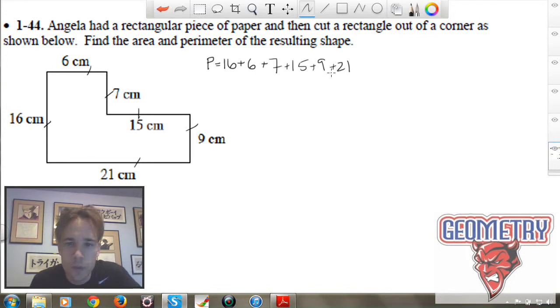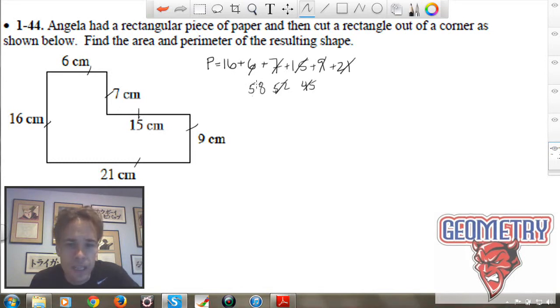Well, 21 plus 9 is 30. 30 plus, let me scratch these off then. So there's 30. 30 plus 15 is 45. 45 plus 7 is 52. 52 plus 6 is 58.